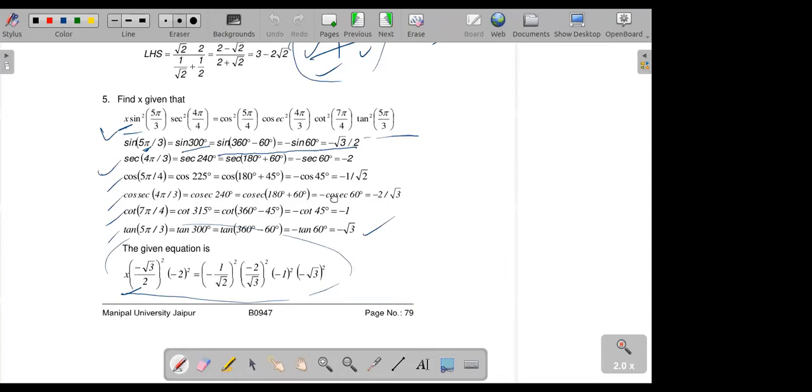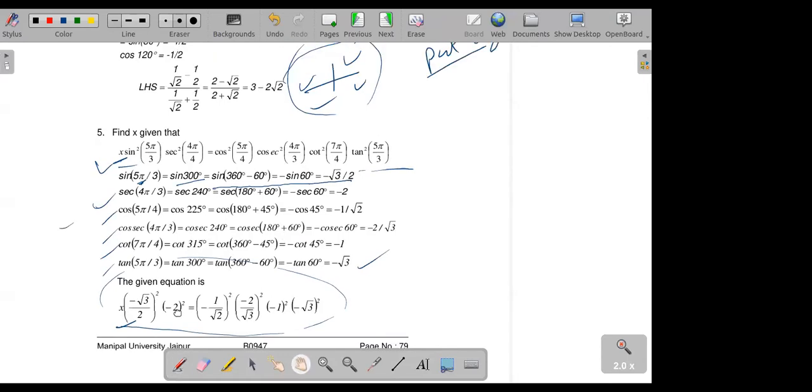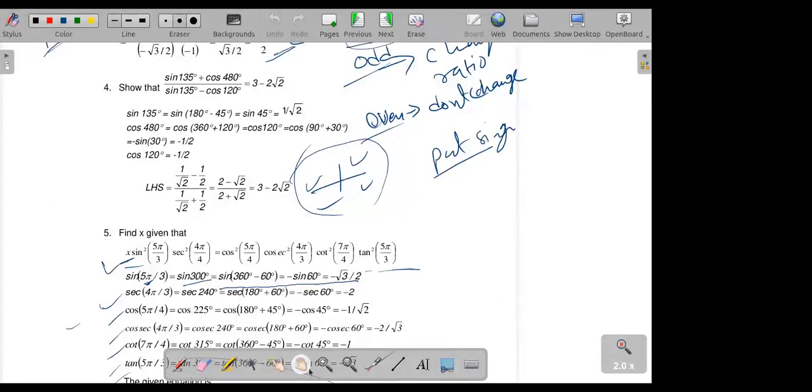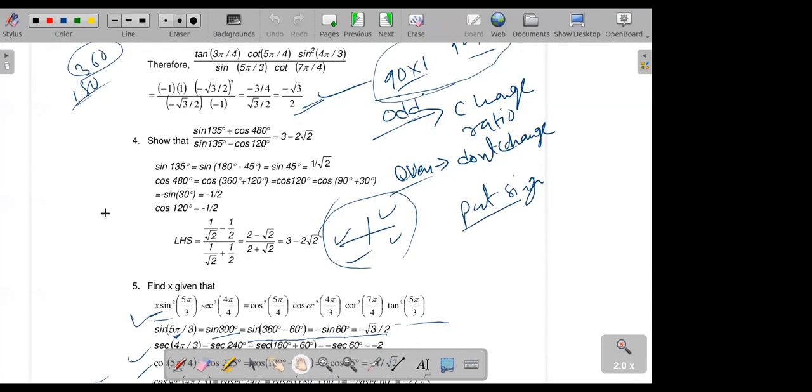The fifth question, where your pointer is. What you have circled, there only. Find x. Fifth. Find x given that.